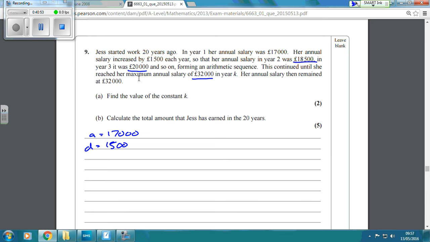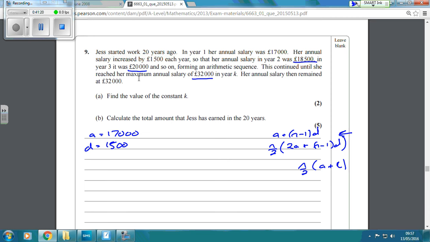So if we write down a plus n minus 1 d, that's to work out the nth term. And just so we've got it written down somewhere, n over 2 bracket 2a plus n minus 1 d, that's how to work out the sum of any series. Because you can also have n over 2 bracket a plus l, and that works as well.